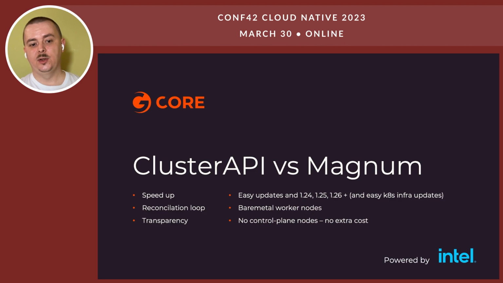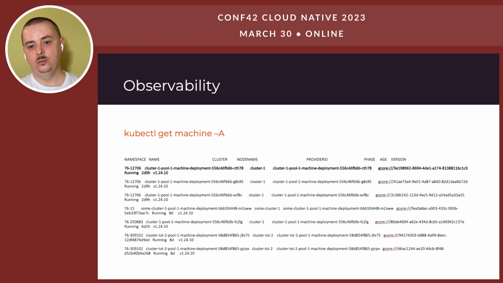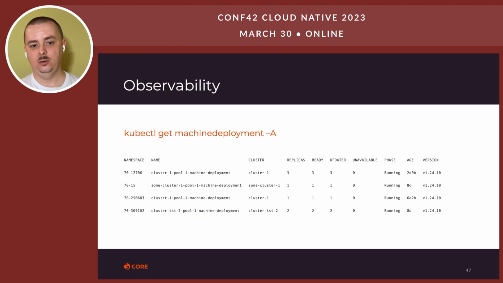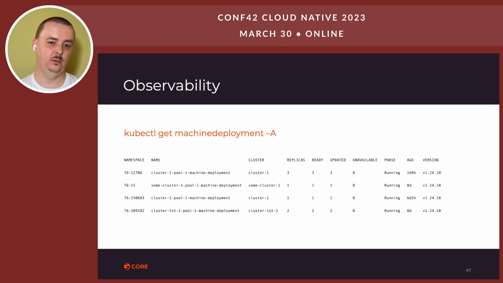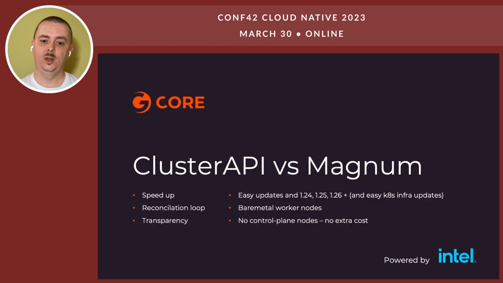We got that transparency. So if you want to look at the specific machine or at the machine deployment or at the cluster using the Kube-native way with kubectl, you got it. And we have no control plane nodes anymore, so there's no extra cost for us for managing control plane nodes.